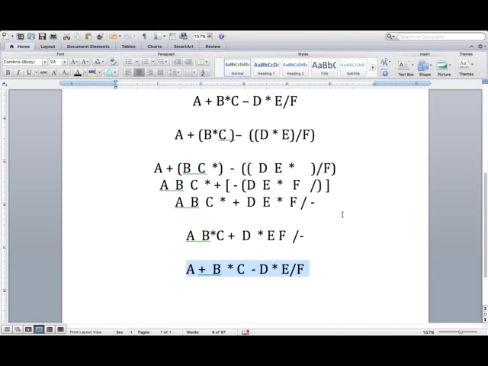So this is how we can go back and forth between infix to postfix, that, no, that's not postfix. Infix, this is the postfix. Infix to postfix, and then take that same postfix and convert it back to infix form again. Okay? This is how you can do it.